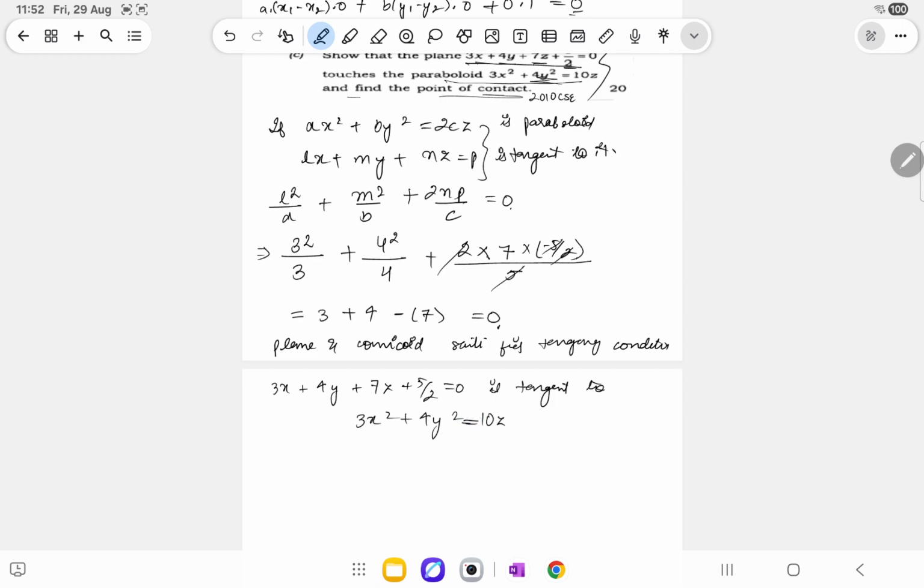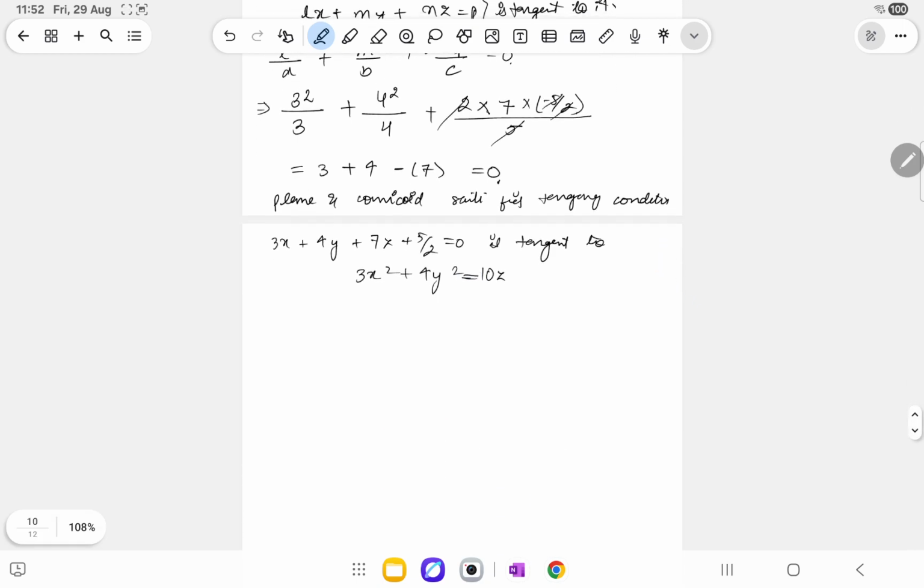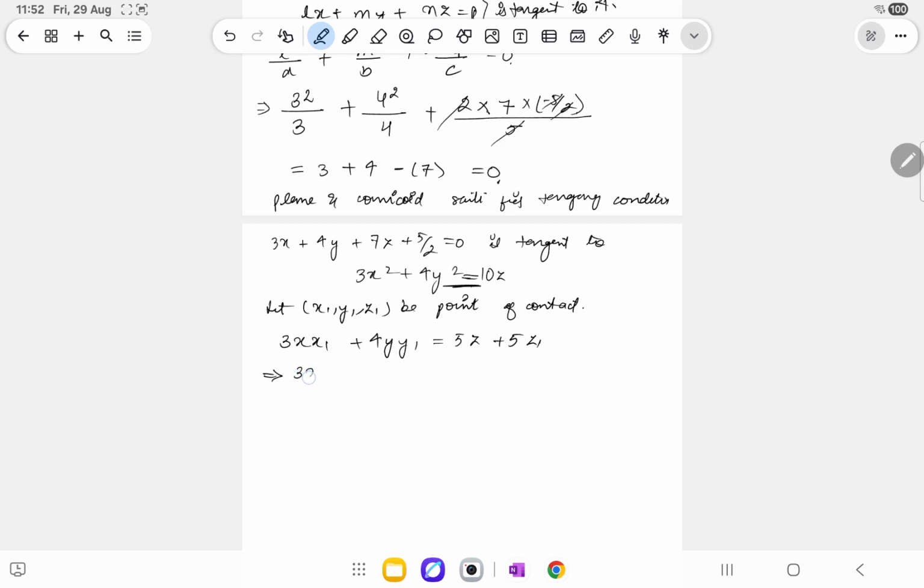Now we are supposed to find the point of contact of this tangent plane and the conicoid. So let us assume that x1, y1, z1 is the point of contact. Then the tangent at x1, y1, z1 to this conicoid will be 3x x1 plus 4y y1 is equals to 5z plus 5z1. So my tangent plane will be 3x1x plus 4y1y minus 5z is equals to 5z1.